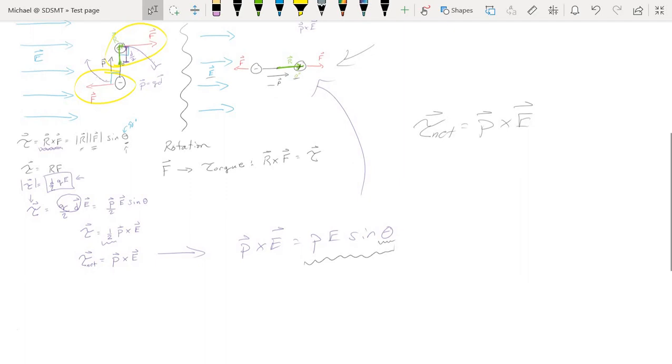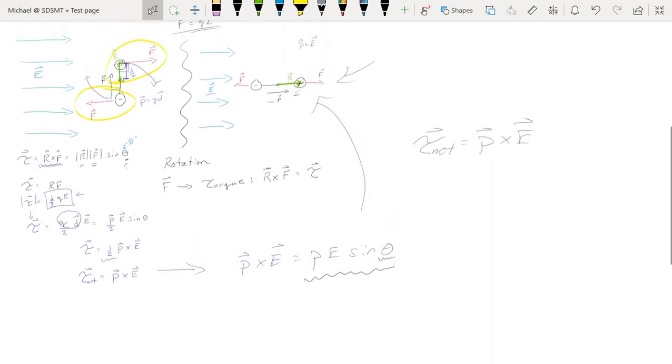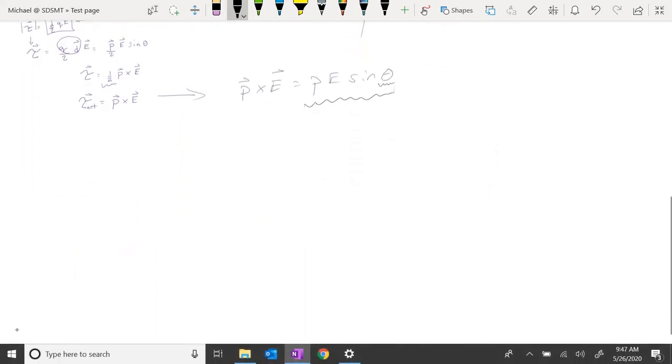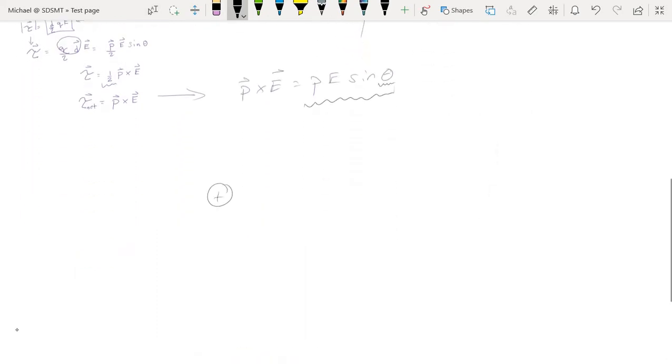So what can we do with that torque expression? I mean, I guess it's nice to know, but what are we going to use it for? Well, we're taking a dipole. I'm going to draw a fresh picture here.